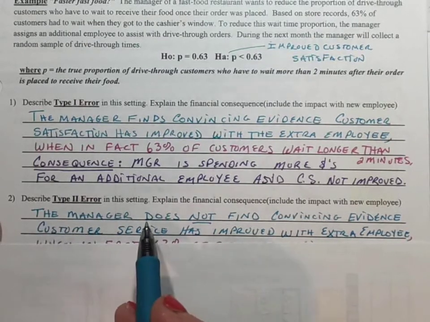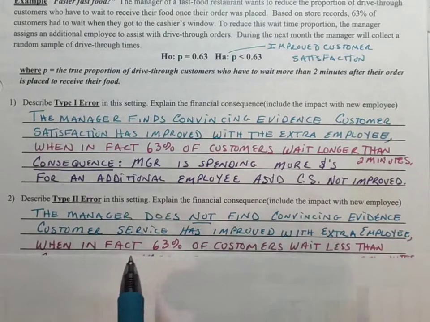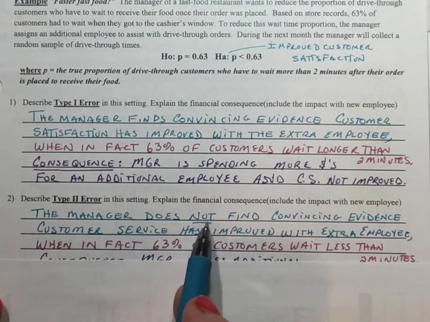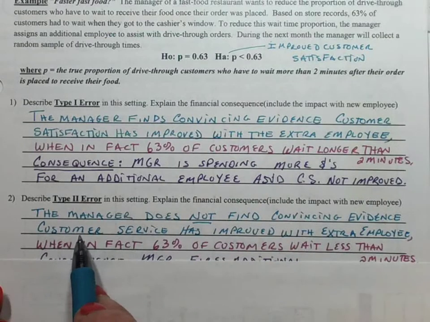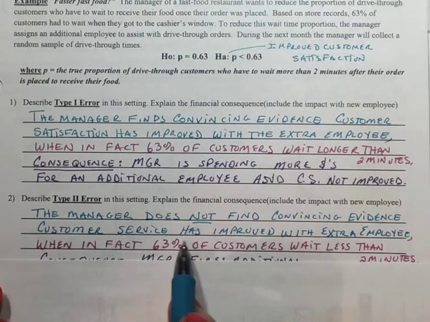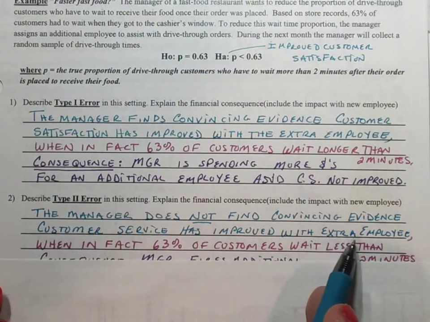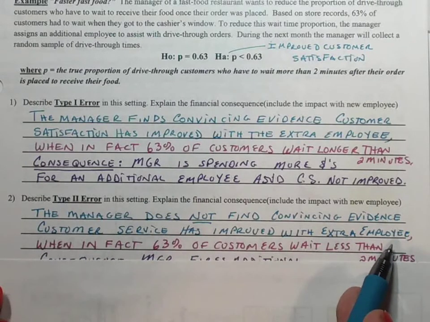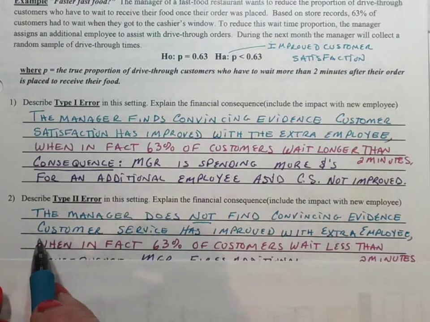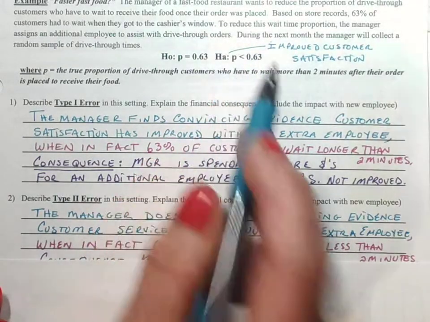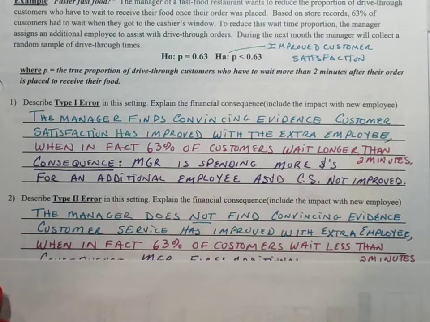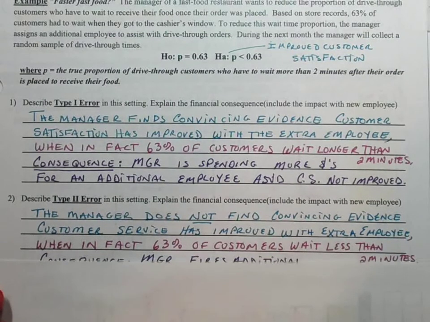So here, the manager does not find convincing evidence. We fail to reject. Customer service has improved with the extra employee. So we didn't have convincing evidence that customer service has been improved with the extra employee.